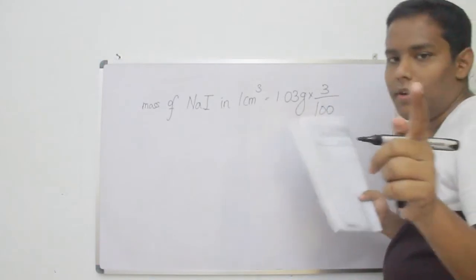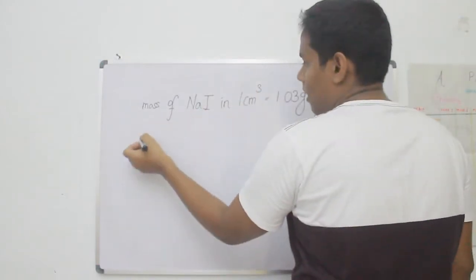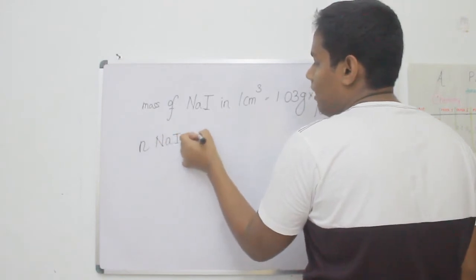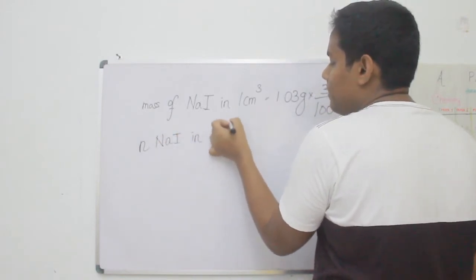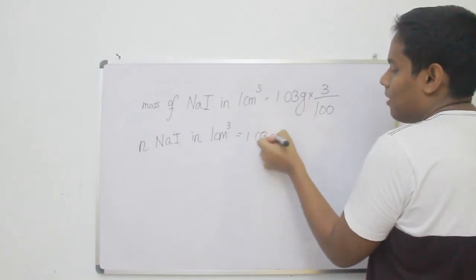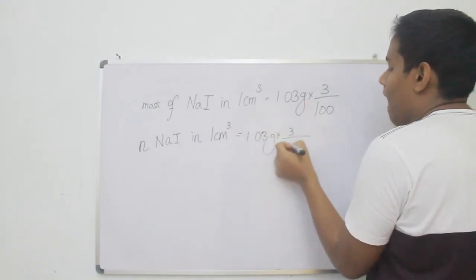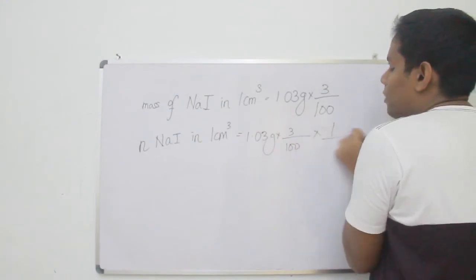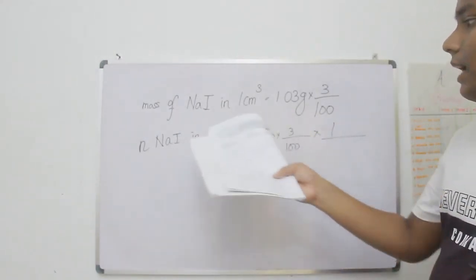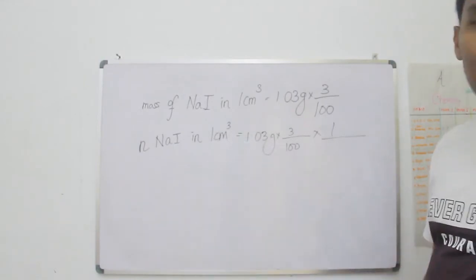Then the number of moles of NaI in 1 cubic centimeter: you know the mass, so if you divide it by the molar mass, you will get the number of moles of NaI in 1 cubic centimeter.